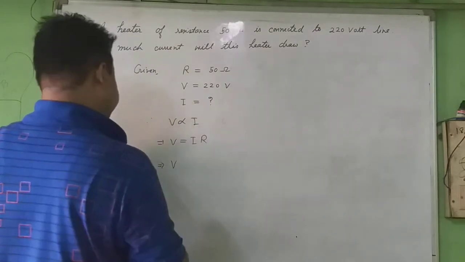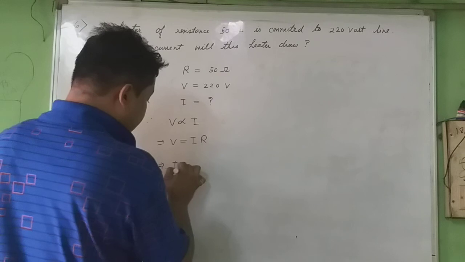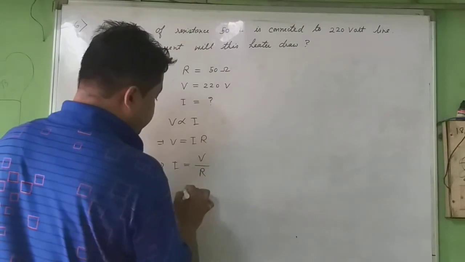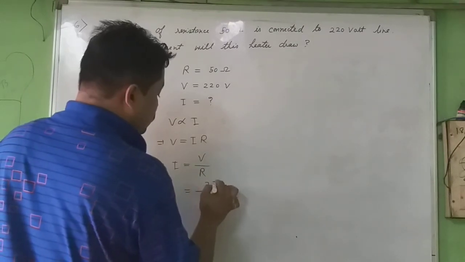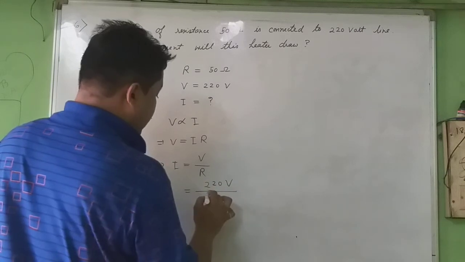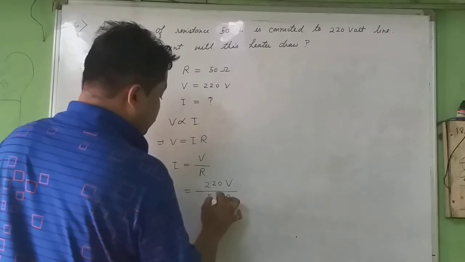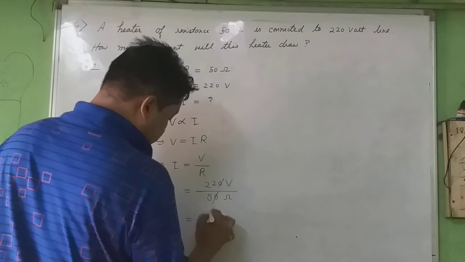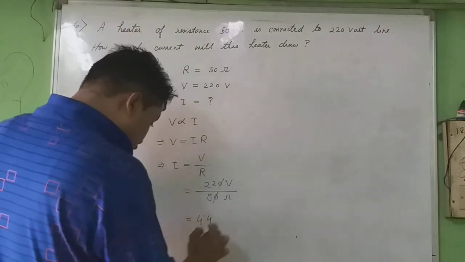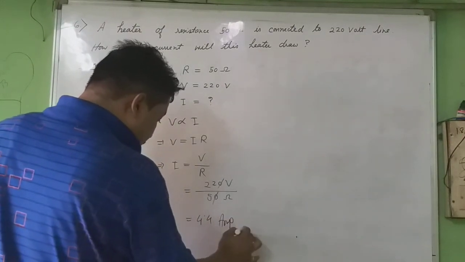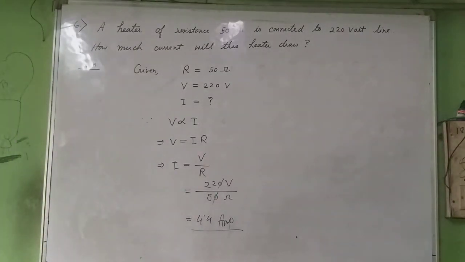So I is equal to V by R. So V is 220 volt and R is 50 ohm. 4.4 ampere current will be drawn by this heater. Okay?